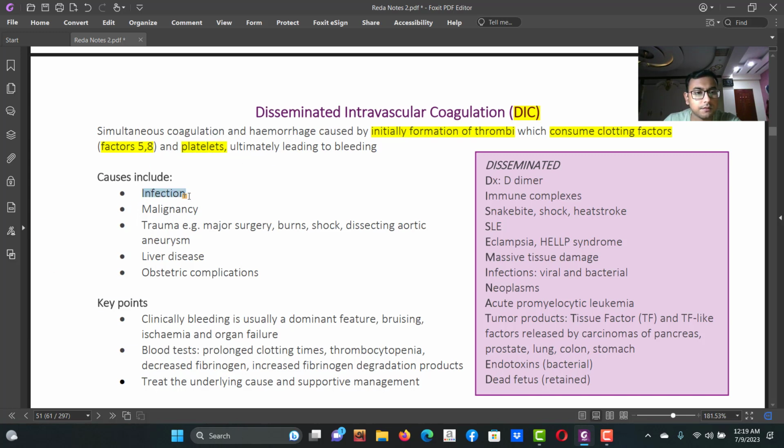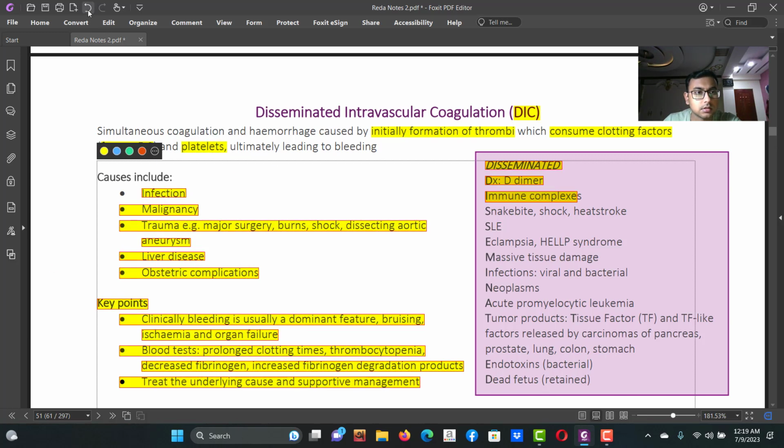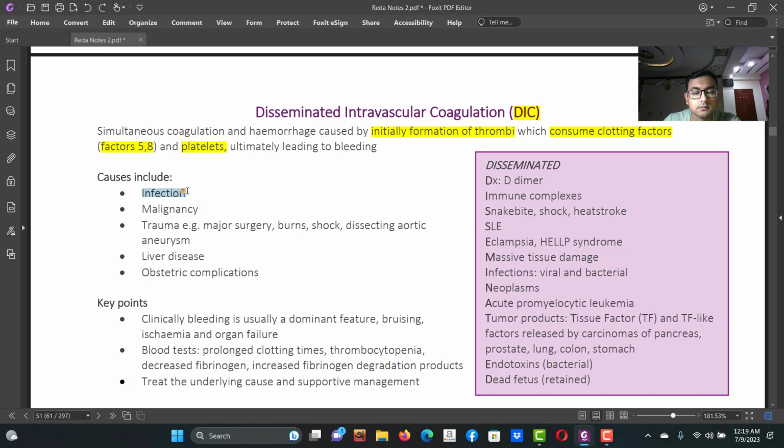Infection: severe infection like cellulitis, thrombophlebitis, arteritis, vasculitis. Then malignancies, like long bone malignancy such as osteosarcoma, multiple myeloma, and also lymphoma, which may cause coagulopathy.